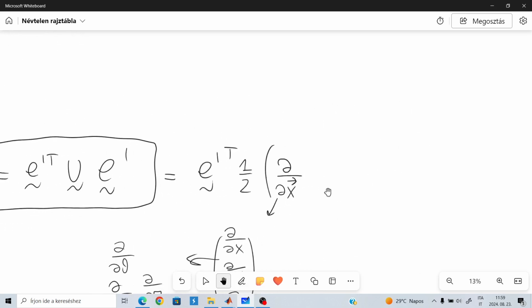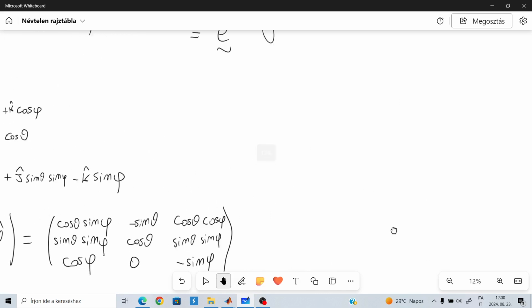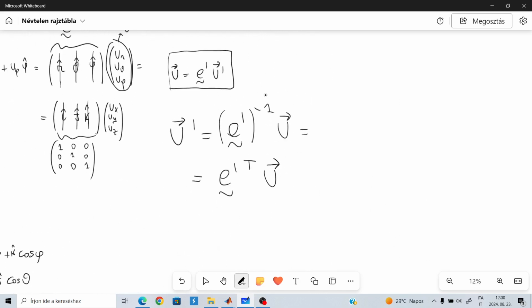But remember that here we also have U transpose, but for U transpose we already have a formula because we can use the one in here.